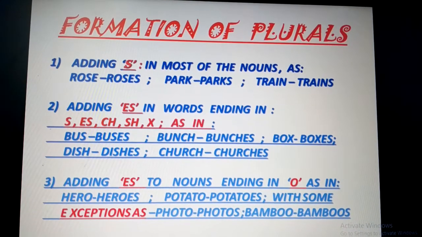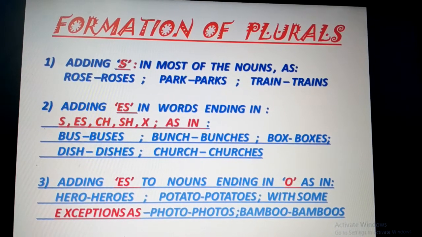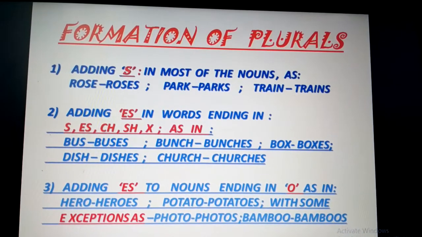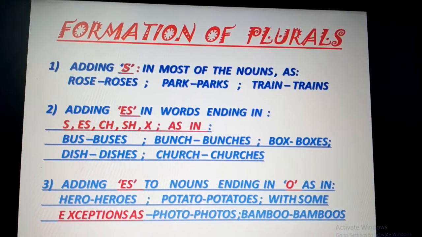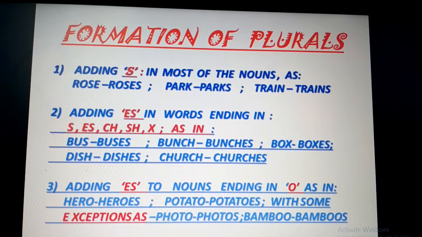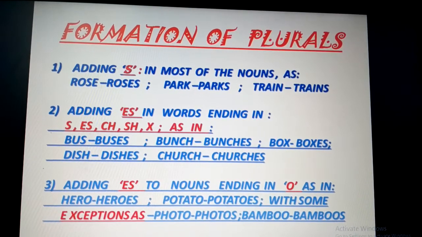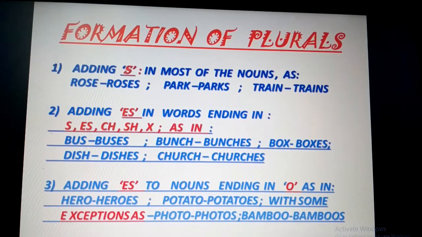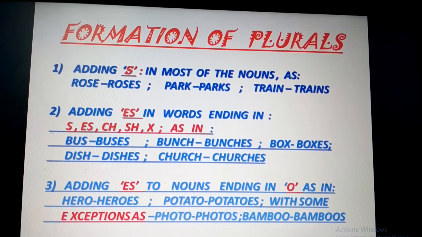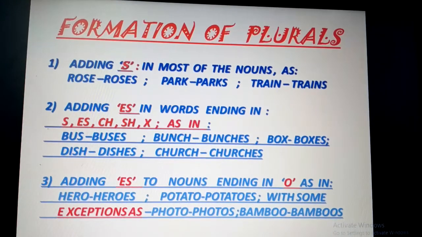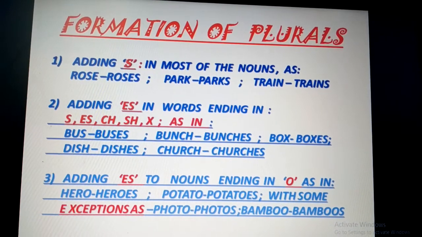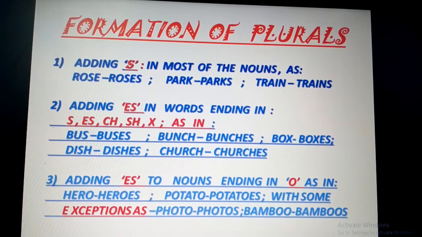One photo, many photos. One bamboo, many bamboos. The pronunciation remains the same, but we have to pay heed to the spelling. We don't add es, but instead we add just an s at the end of these words.